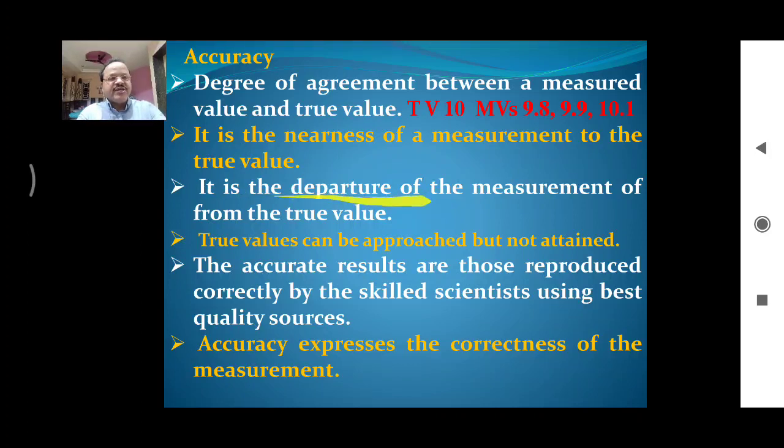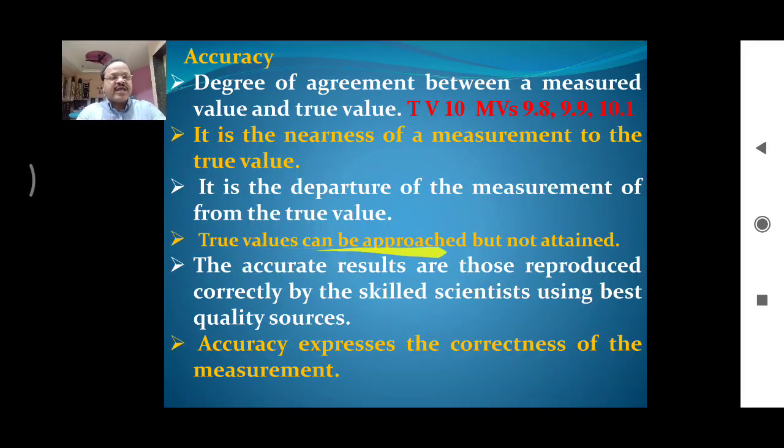Accuracy is the departure of the measurement from the true value, to what extent the measured values differ from the true value.